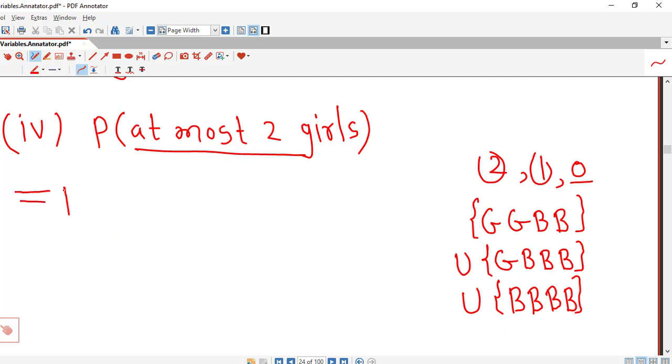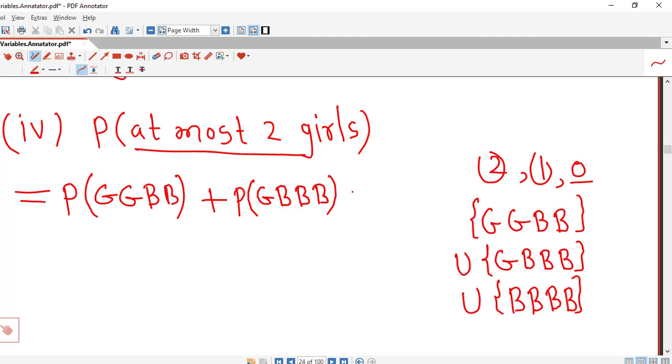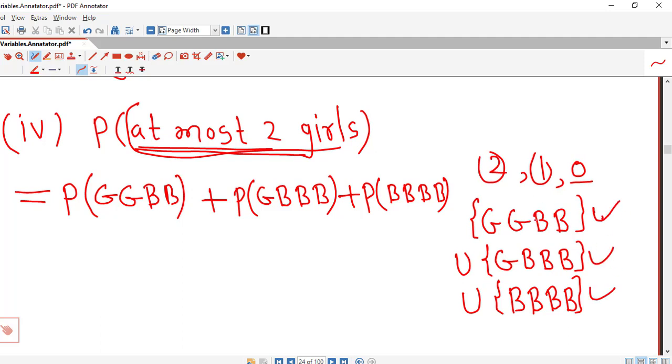Because all these events are mutually exclusive, the probability of this event will be equal to the sum of probabilities of these 3 events. Again I repeat, the event that at most 2 girls is the union of these 3 mutually exclusive events.